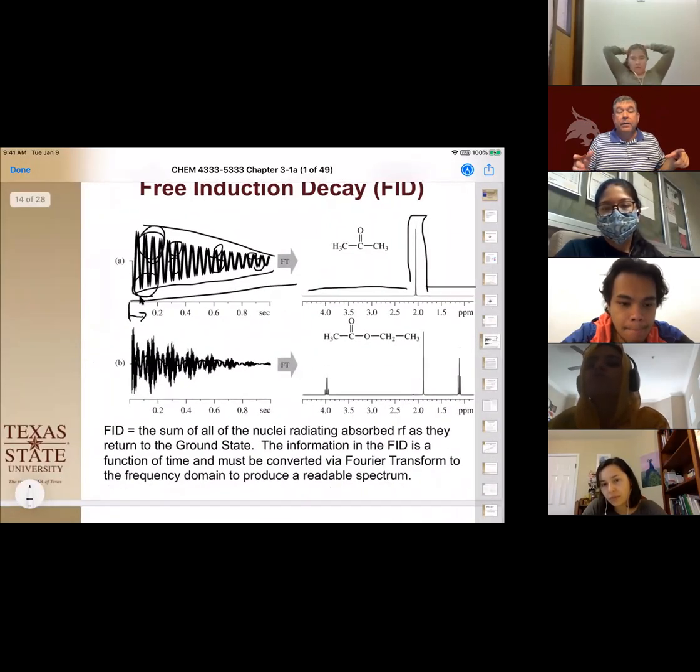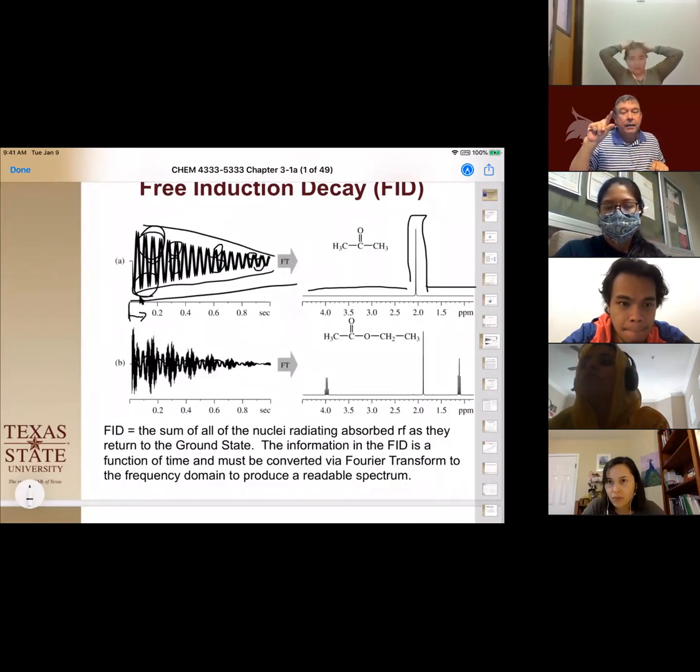So I don't know if our NMR does this or not, but when we first got an NMR, we were taught to actually listen for the ping when you locked in on your spectrum, because it would go ping, ping. That means you weren't locked in, and so you wait for it and you go ping.